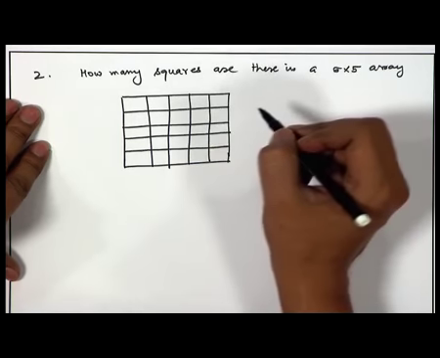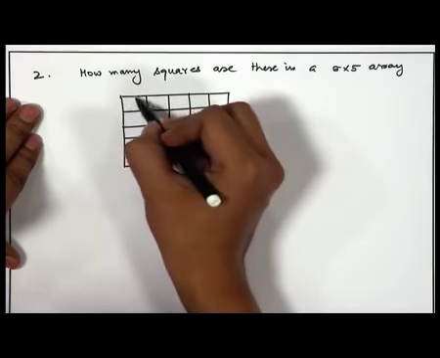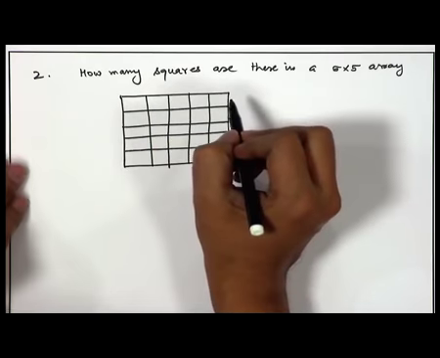So, this is a 5 by 5 array and each of the cell is a square here. Okay.